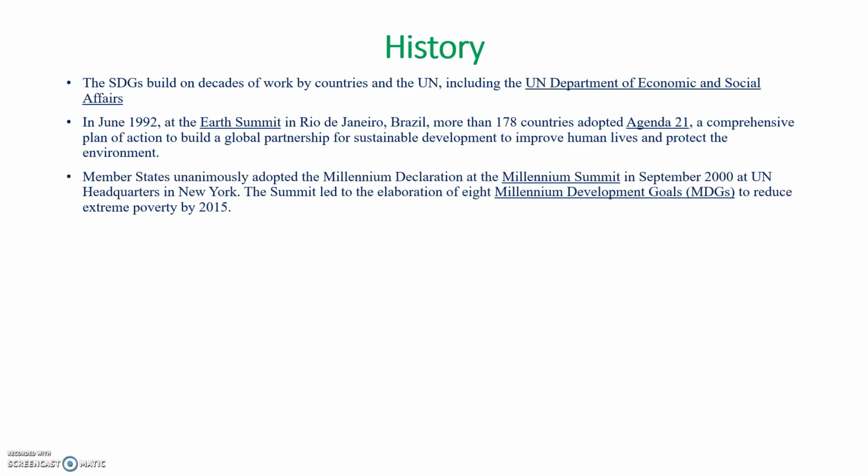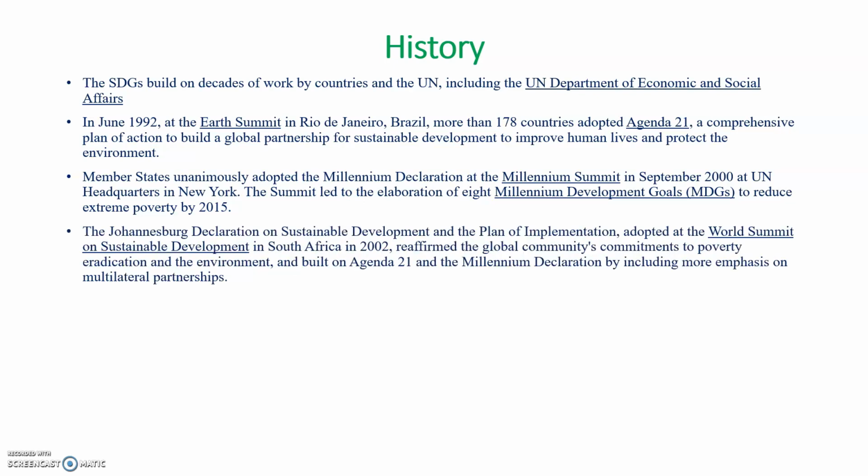Member states unanimously adopted the Millennium Declaration at the Millennium Summit in September 2000 at UN headquarters in New York, and the summit led to the elaboration of 8 Millennium Development Goals to reduce extreme poverty by 2015.